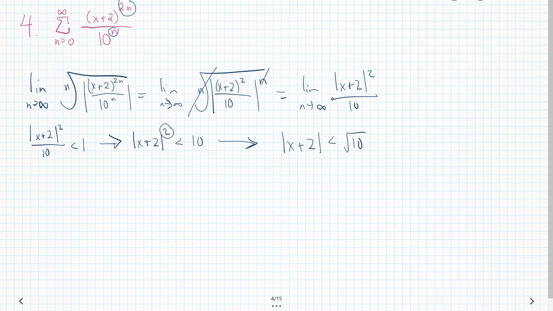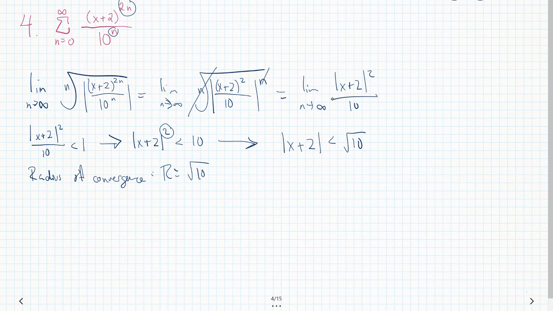Okay? And at the end of the day, what happens there? Well, this means you have a radius of convergence R equals the square root of 10.